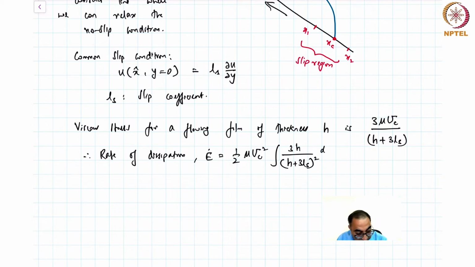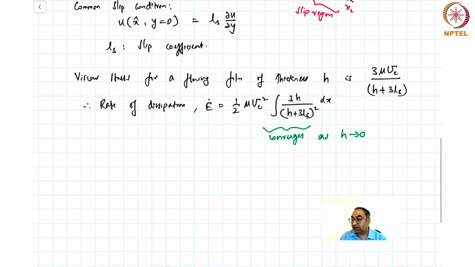And we integrated along the thing, and the most important thing that I want to emphasize here is that this integral converges as h goes to 0. So this is basically how the slip models alleviate the singularity, because if you recall, we got this singularity as h goes to 0 because the shear stress goes like 1 by h naught, where h naught is the thickness.